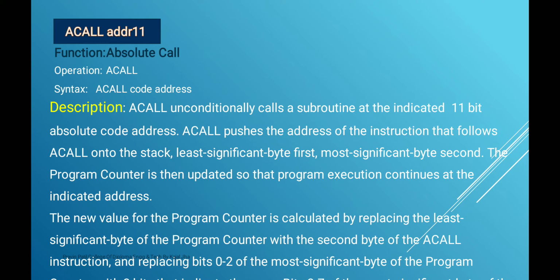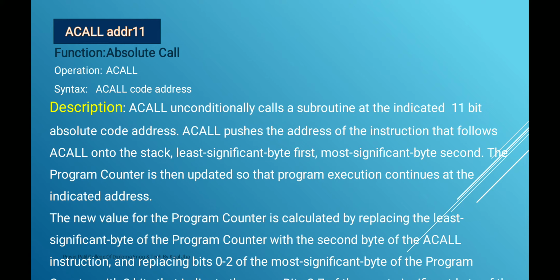So the ACALL instruction is used to unconditionally call a subroutine at the indicated 11-bit address. ACALL pushes the address of the next instruction, immediately after the ACALL instruction, onto the stack.